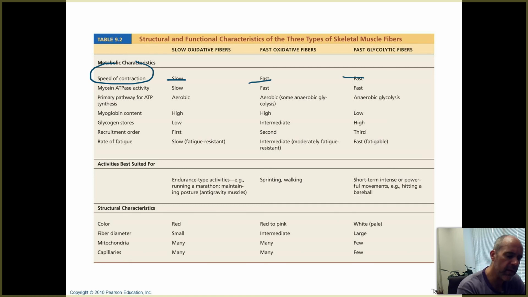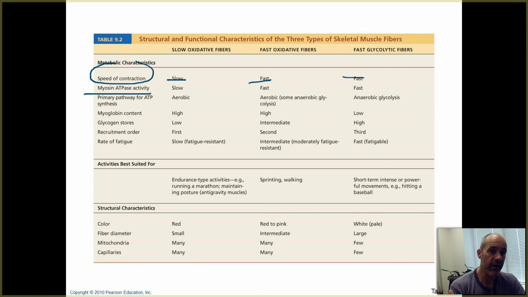And notice too, myosin ATPase activity. So your myosin heads have to split ATP. Remember that ATP gets split to ADP and phosphate, and that releases energy that's used to cock the myosin heads, almost like you're cocking a trigger. That's energizing them so that they can do their power stroke that we've learned about.